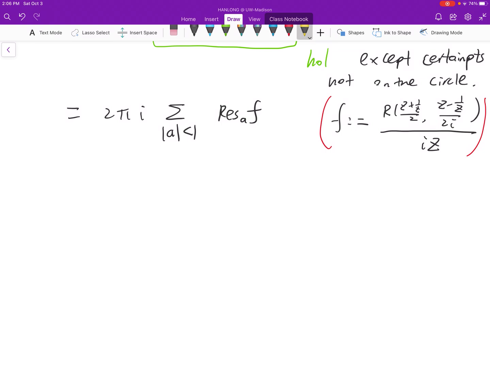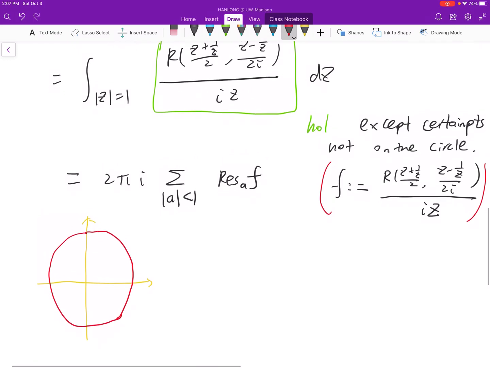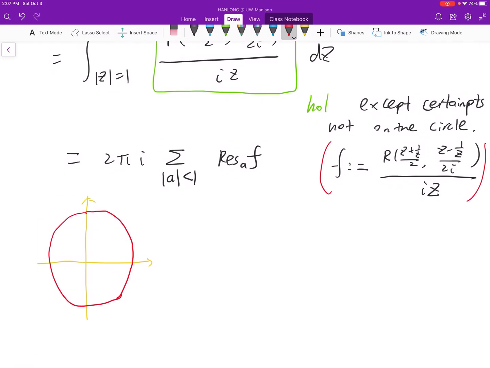If you draw a picture, your circle is here, and you want to calculate the contour integral along the circle with counterclockwise orientation.